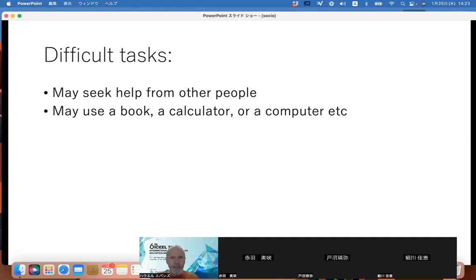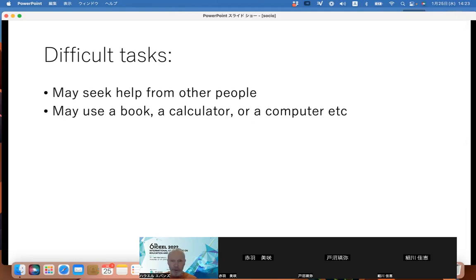And then with difficult tasks, you may seek help from other people. You may use a calculator or a computer, etc. We do that all the time, right? That's a difficult task, so you may ask for somebody's help. It may give you some verbal help or symbolic help. This structures the way you think.